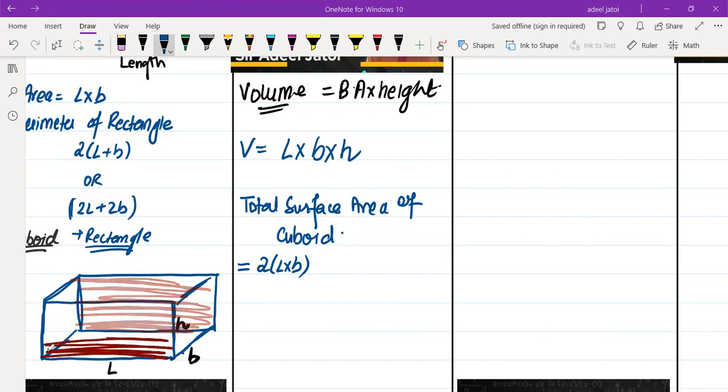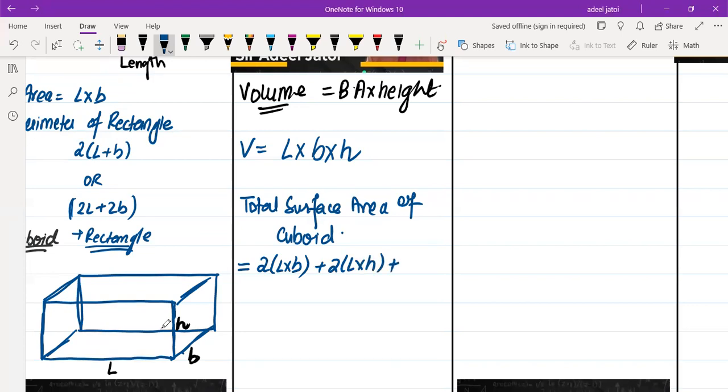The front area will be calculated through L and H, which will be 2 times L and H. The last sides that we have are right and left. So this should be 2B into H.